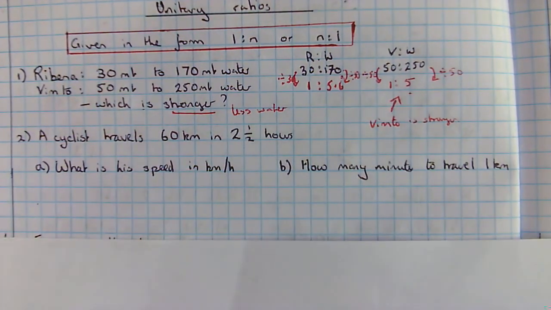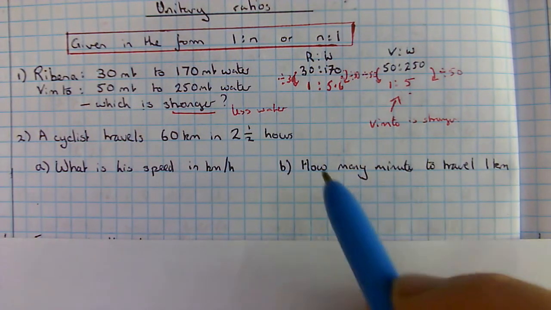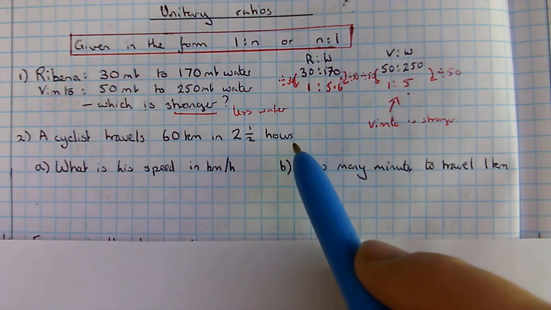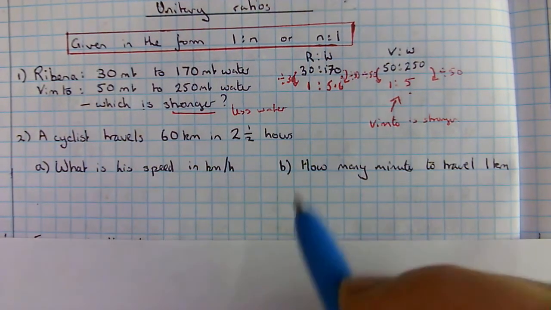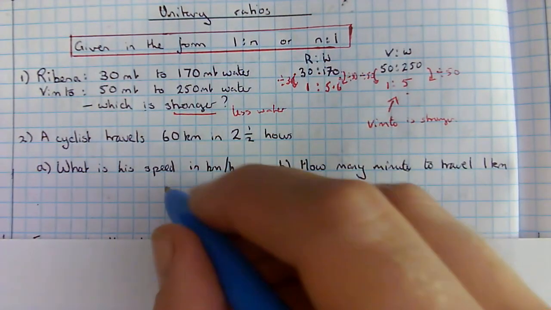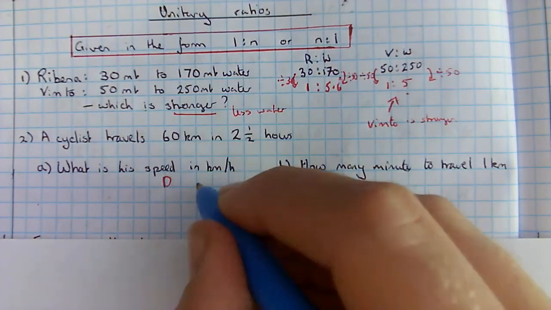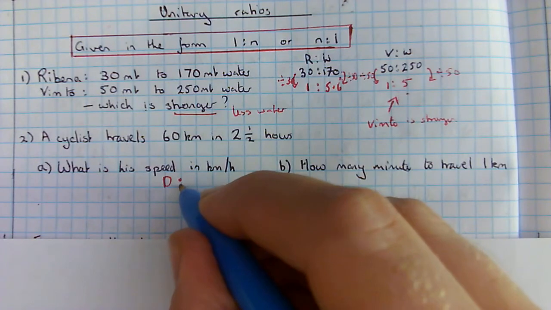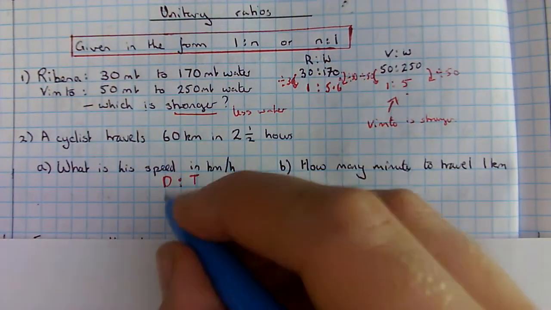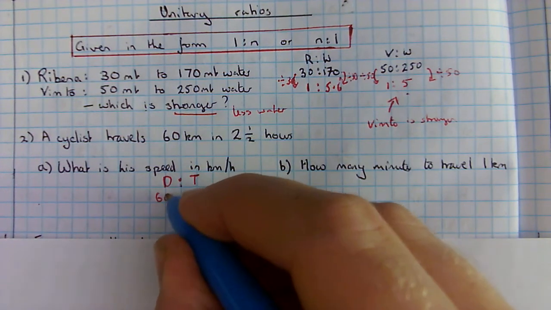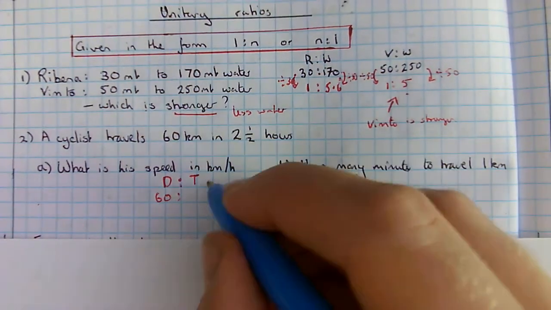We're going to do the next one as a non-calculator question. A cyclist travels 60 kilometres in 2.5 hours. What is his speed in kilometres per hour? So here we're going to have distance and we're going to have time. And we know he's done 60 kilometres in 2.5 hours.